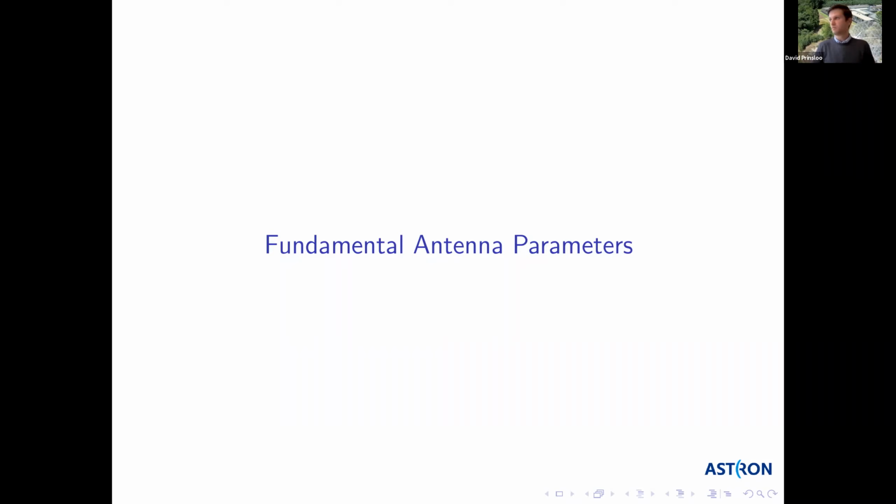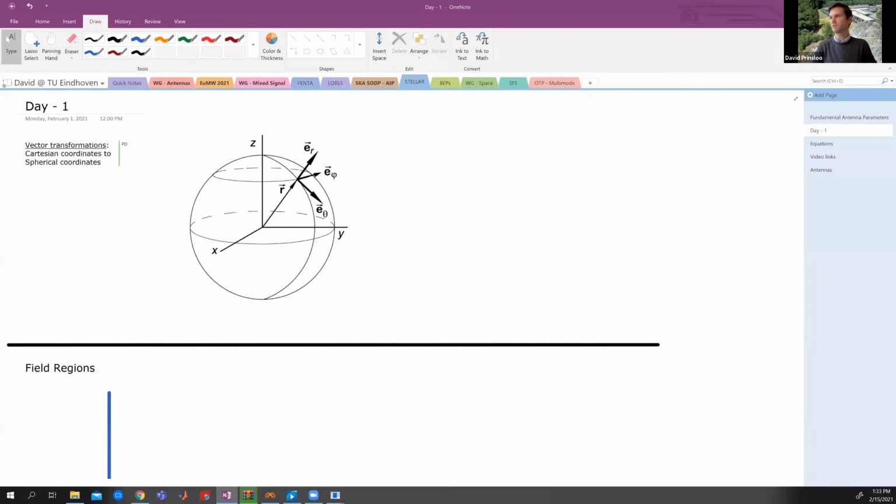We start with fundamental antenna parameters, as it says on the screen. But maybe before we get to that, I first want to remind you of one aspect. What I represent here is the coordinate system that we will be working in today.